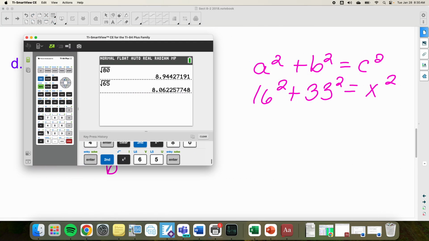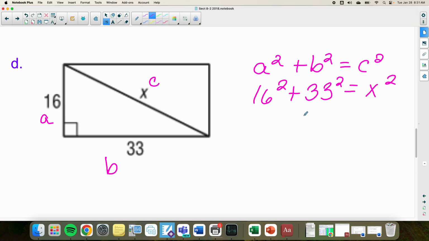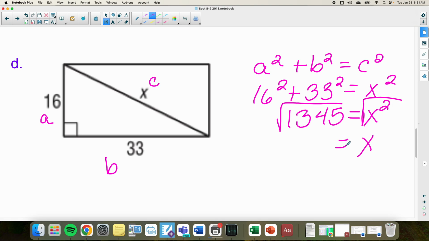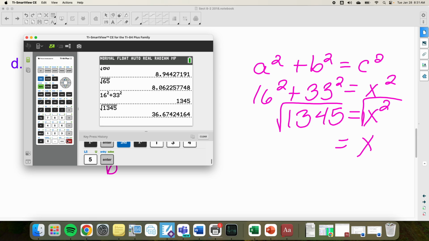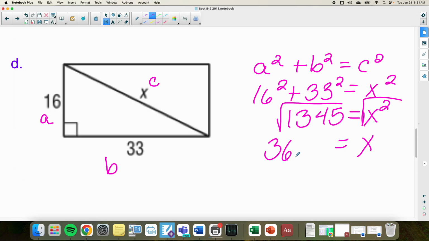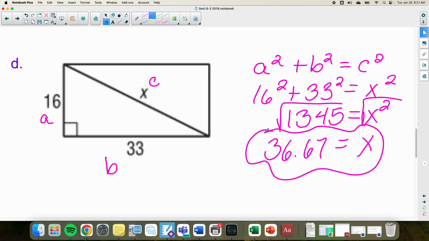So if I do 16 squared plus 33 squared, that's 1345. So this is one I would not try to find and simplify. That would take you forever. So we're gonna go second x squared 1345. And that's 36.67. Okay.